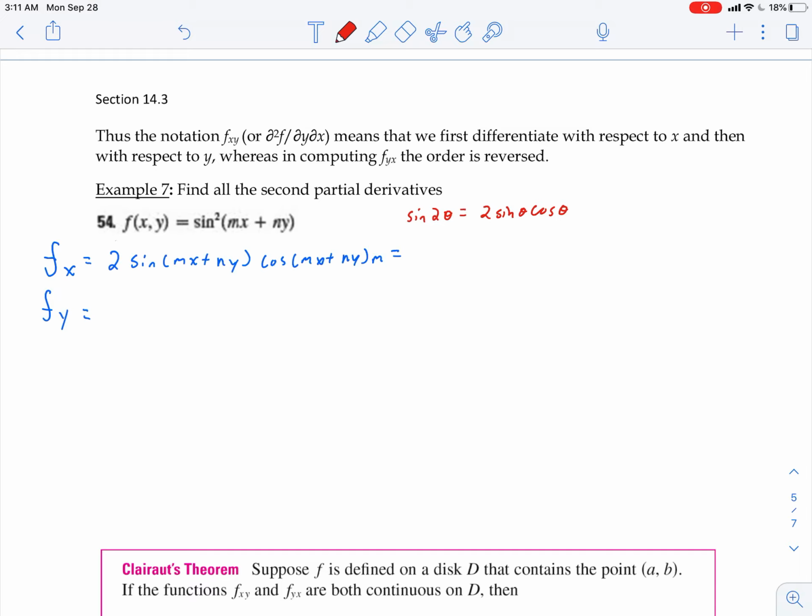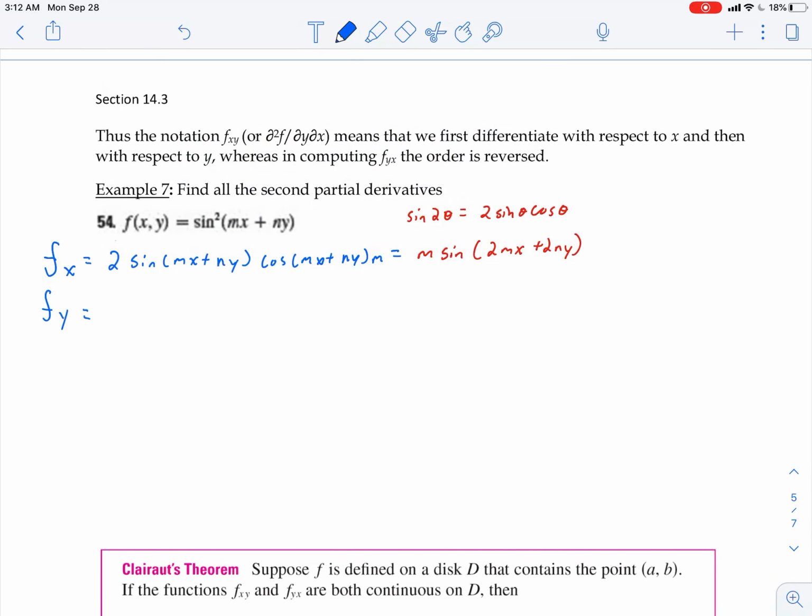So I'm going to use that in reverse, and I'm going to have m sine of 2mx plus 2ny.